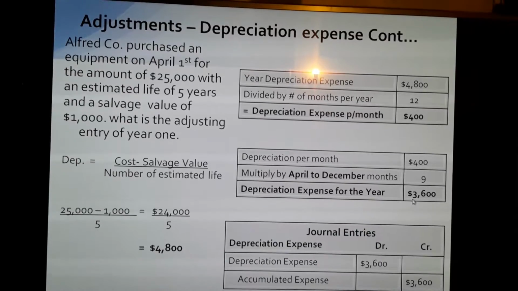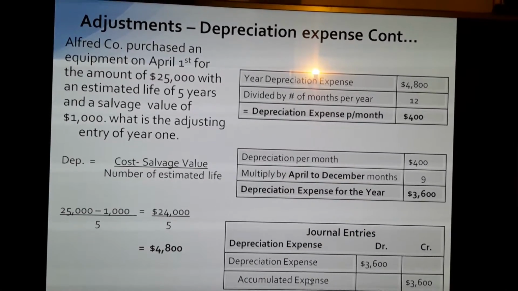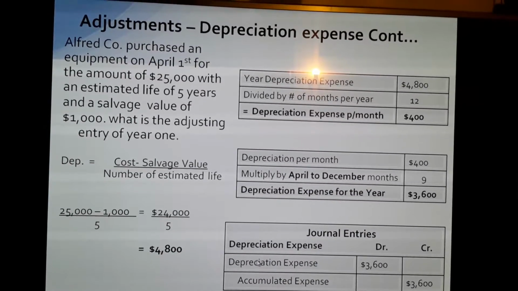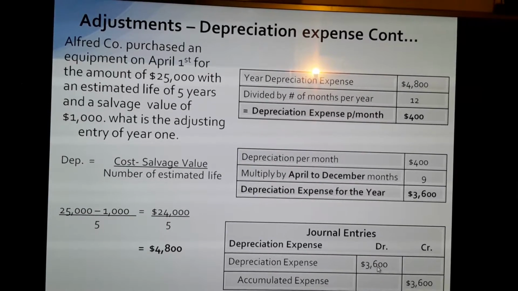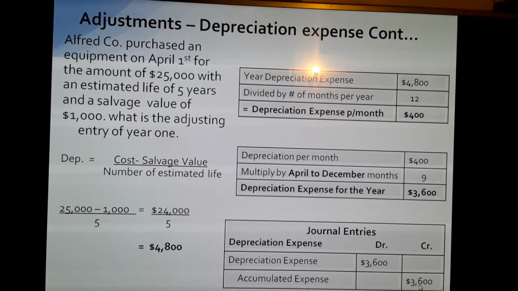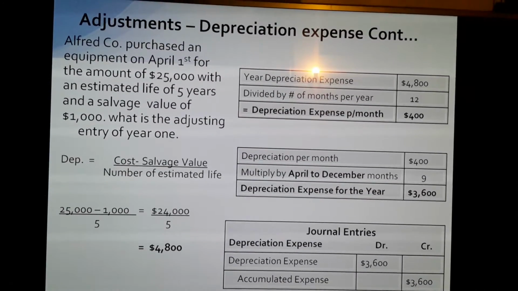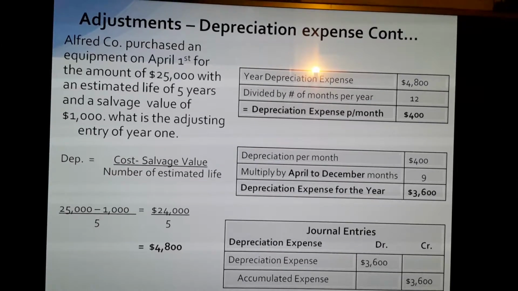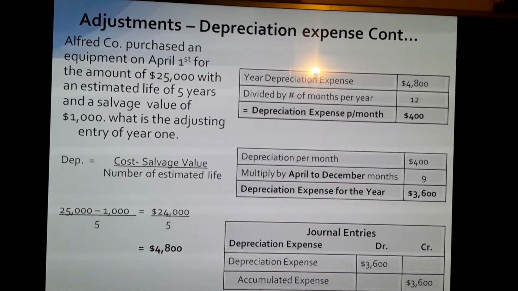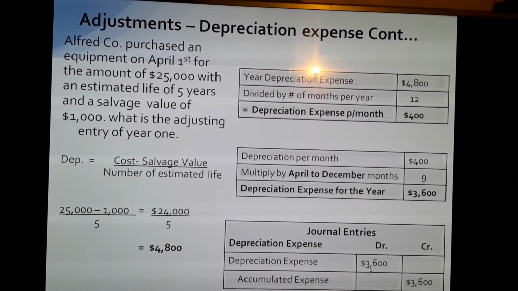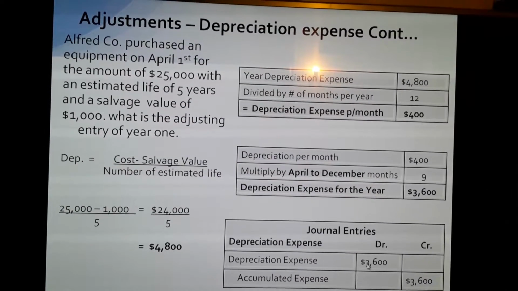Now you do your journal entry. As we say, these are credit accounts. So you say depreciation expense is 3,600, and accumulated depreciation is 3,600. If you are to do another year, the other year is gonna be depreciation expense 4,800.